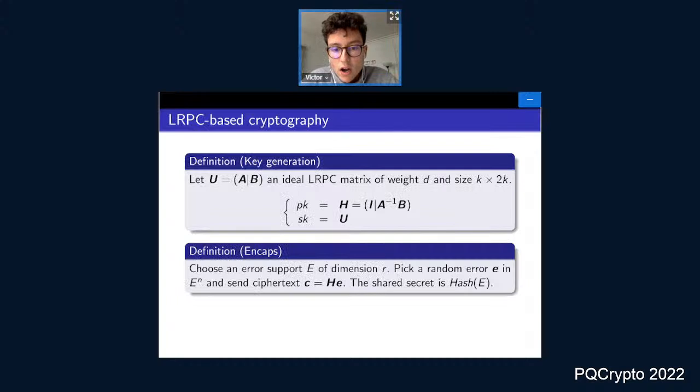Then to encapsulate a shared secret, you choose a random error in a support of small dimension r, and you send the ciphertext to be the syndrome associated with your error and the parity check public key matrix.